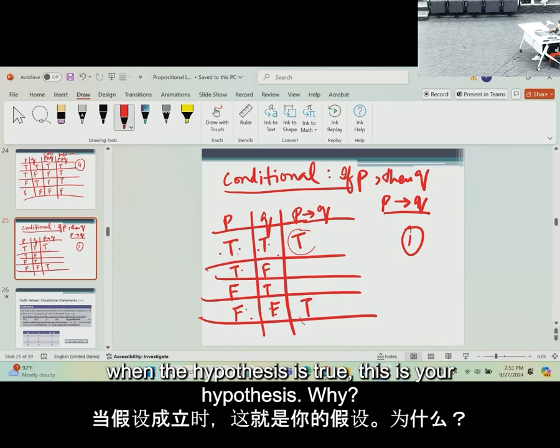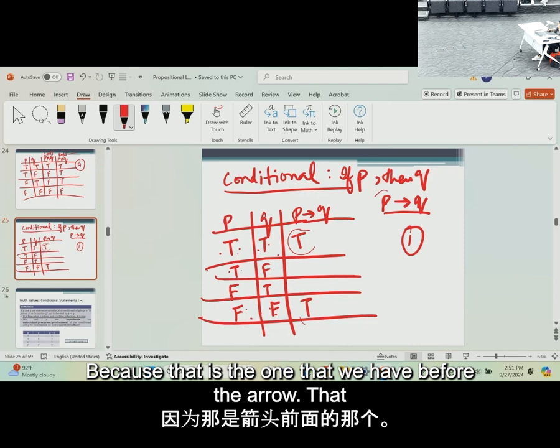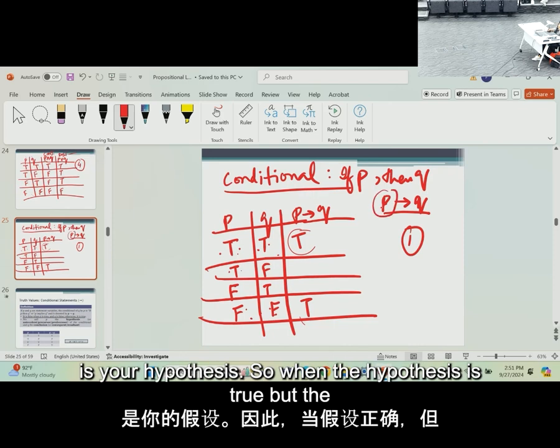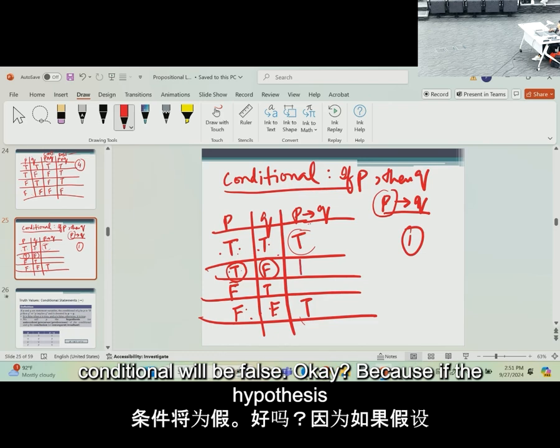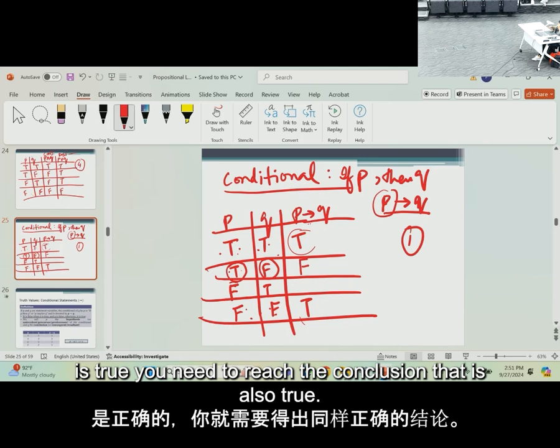Now, when the hypothesis is true, this is your hypothesis, why? Because that is the one that we have before the arrow. So, when the hypothesis is true, but the conclusion is false, in that case, the truth value for their conditional will be false, okay? Because if the hypothesis is true, you need to reach a conclusion that is also true.